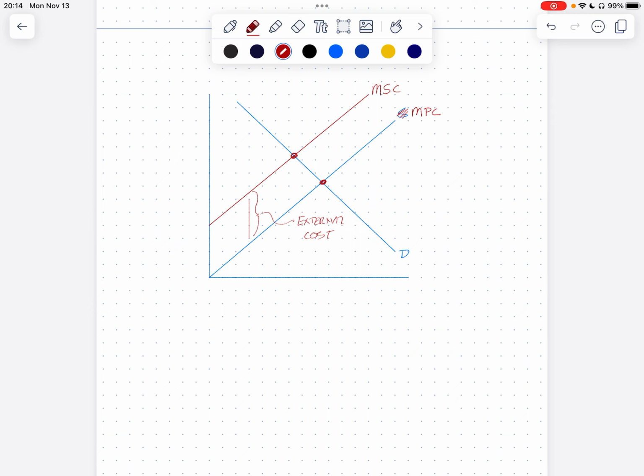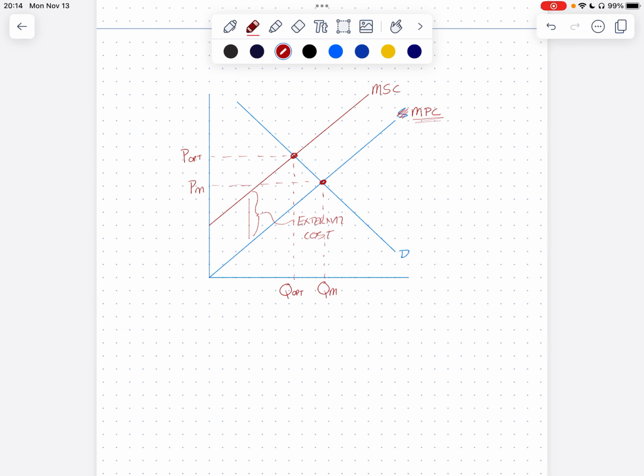And so we end up with 2 equilibria, or 2 points. The market is only going to function at the point where producers are considered. So that's going to be our quantity market. But where we wish the market was producing is at quantity optimal. So we can label in our points here. There's the optimal price and the market price. In this case, we wish the price were lower because that would reduce the production of the good back towards our optimal point.